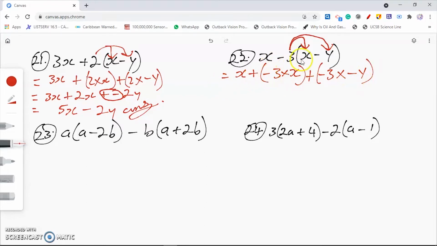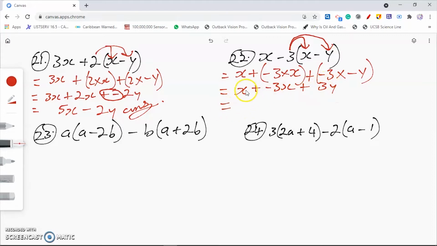Good. Because we are taking the negative 3 and multiplying it by each term inside the bracket. So negative 3 times x is negative 3x, plus negative 3 times negative y is positive 3y.